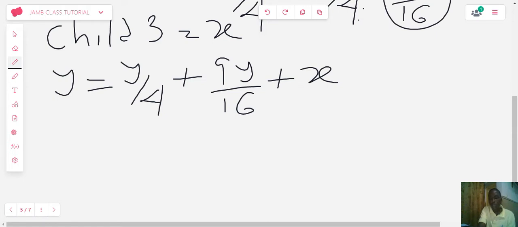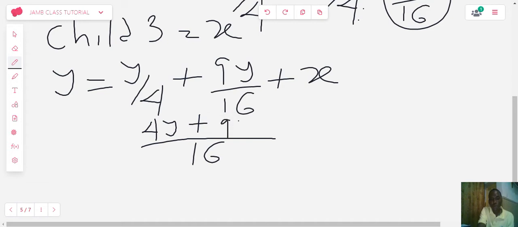So the next thing we need to do is to simplify. We'll simplify this first, 16 and 4. The LCM is going to be 16. 16 divided by 4 is going to give us 4. 4 times y will give us 4y. Then plus 9y over 16, 16 divided by 16 is 1, 1 times 9y gives 9y, plus x.